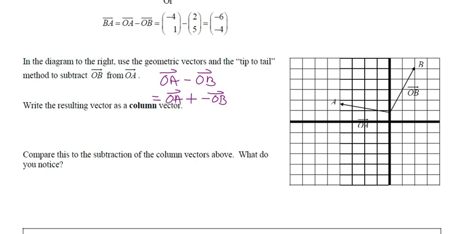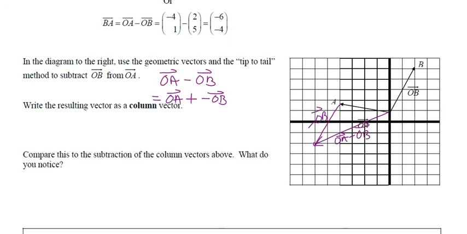What would minus OB be? So this goes right 2, and you go left 2. Down 4. Okay, so that's negative OB. And this result then is OA plus negative OB, or OA minus OB.